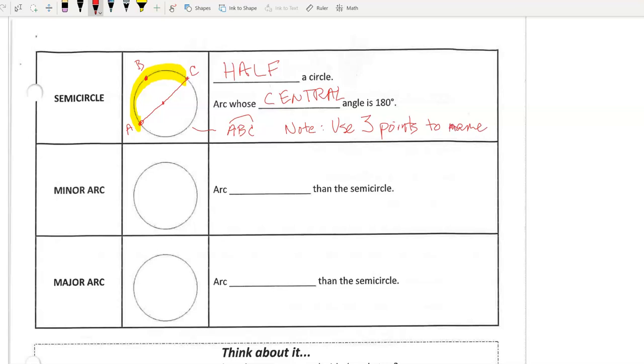Okay, we have to use 3 points, because if I just say arc AC, I don't know if I'm talking about the part that I highlighted or the other part that I did not highlight.